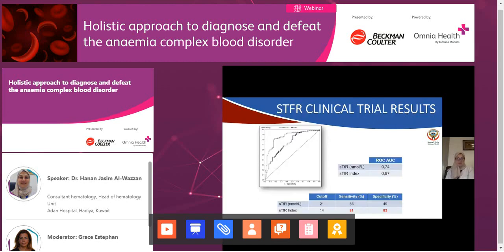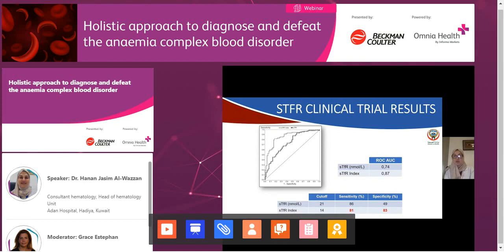Using the receiver operating characteristics graph to assess the diagnostic performance of the serum transferrin receptor index, it shows that using a cutoff value of 14 has increased the sensitivity and specificity of the test.